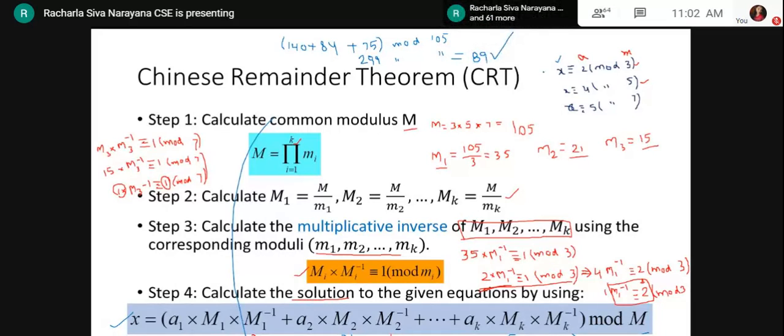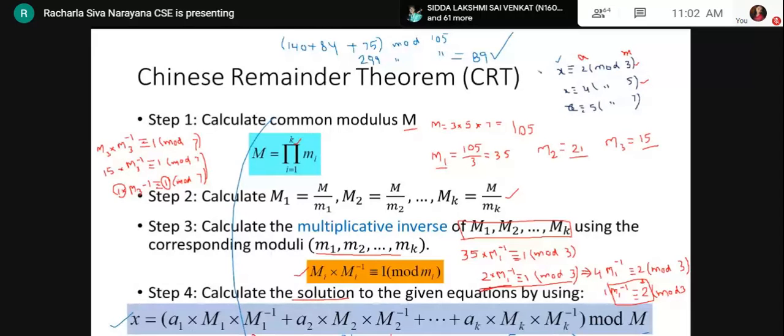Now you can check. 89 mod 3: 29 into 3 is 87, so the remainder is 2.